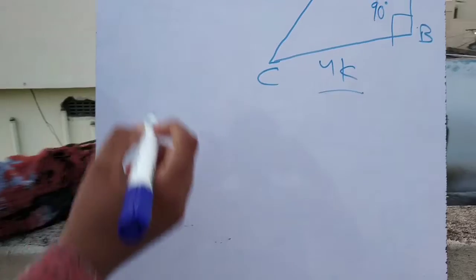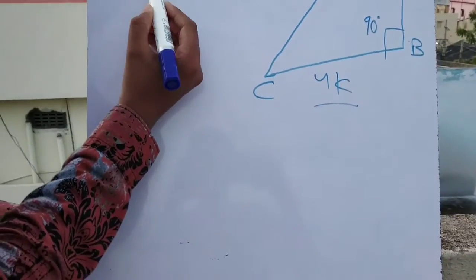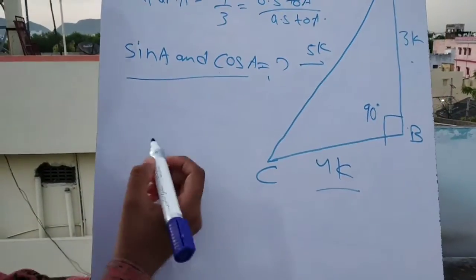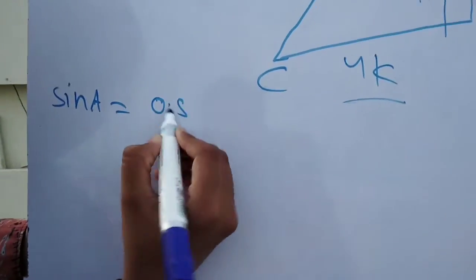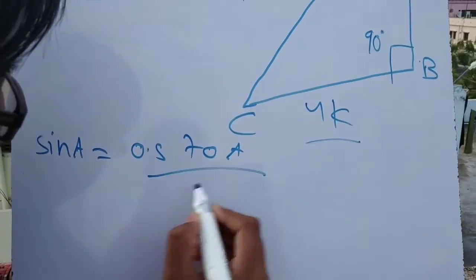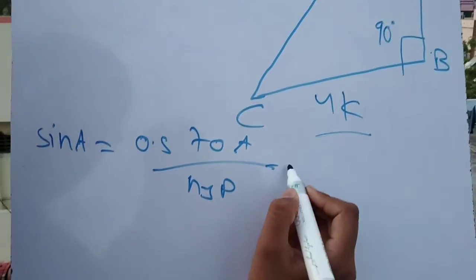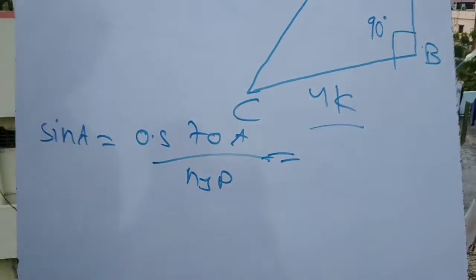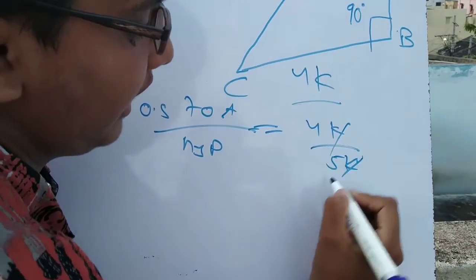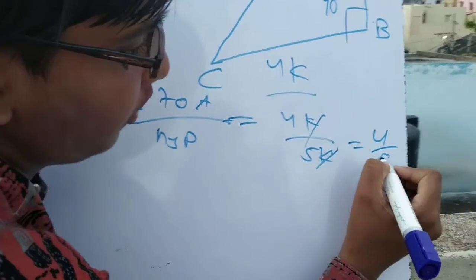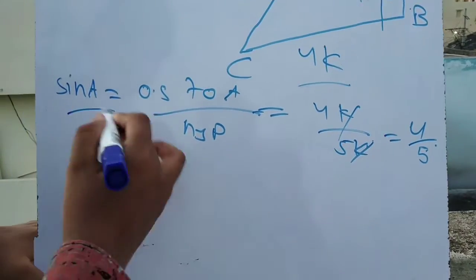So here he has asked to find out sin A and cos A. Sin A is going to be the opposite side to A by hypotenuse. The opposite side to A is 4K by 5K, the hypotenuse. K cancels, so the ratio is 4 by 5. The sin A is 4 by 5.